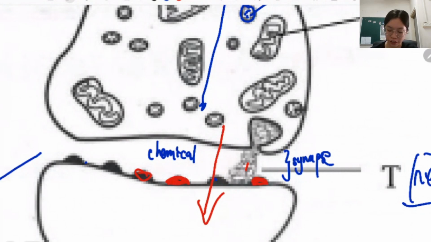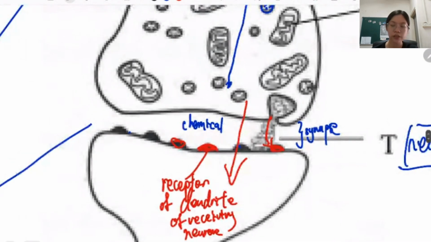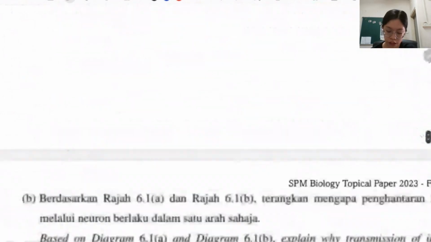The neurotransmitter will bind to the receptor of the dendrite of the receiving neuron. If the receptor isn't present here, that's why it only works in one direction. So the explanation looks like that.